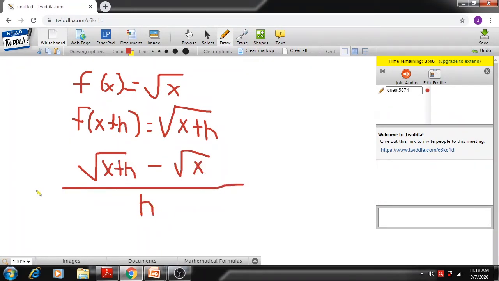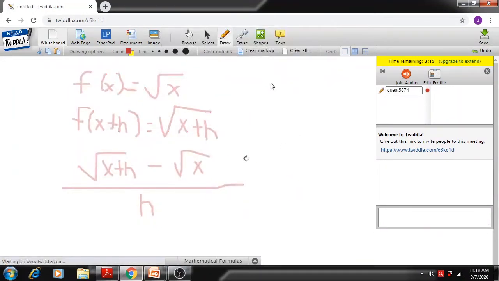What to do here? If we substitute 0, remember, I might not write it here, but always remember that there's always the limit of h approaching 0. So we cannot substitute 0 to h because it will make it undefined. So what we will do is multiply it to its conjugate.